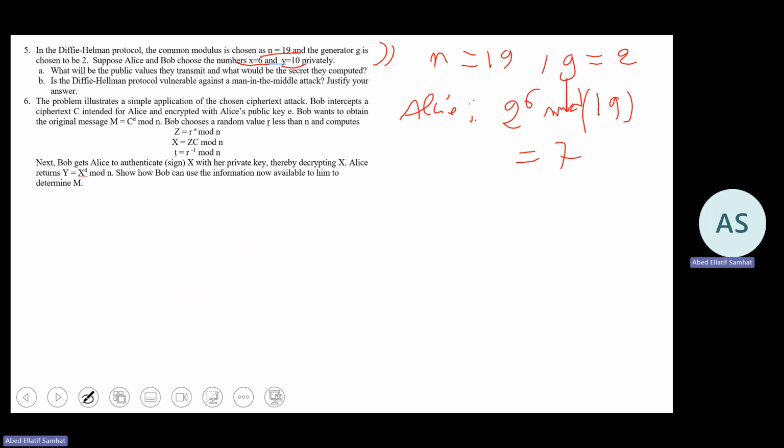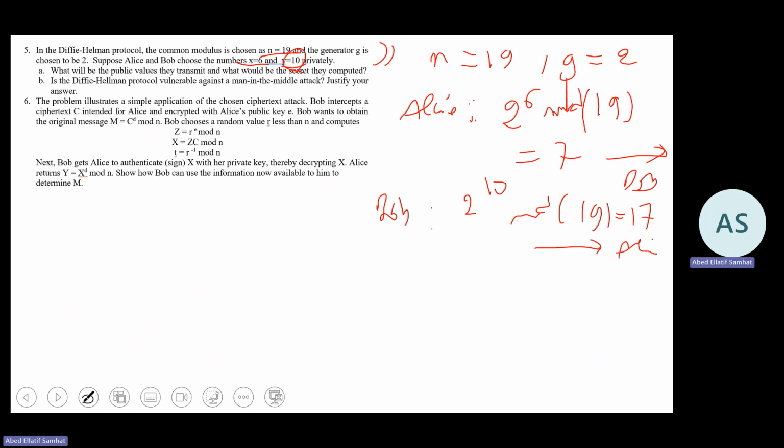It will be equal to 7, and she sends it to Bob. Bob will calculate 2 to the power 10, because his private key is 10, mod 19. It will be equal to 17 and he sends it to Alice.